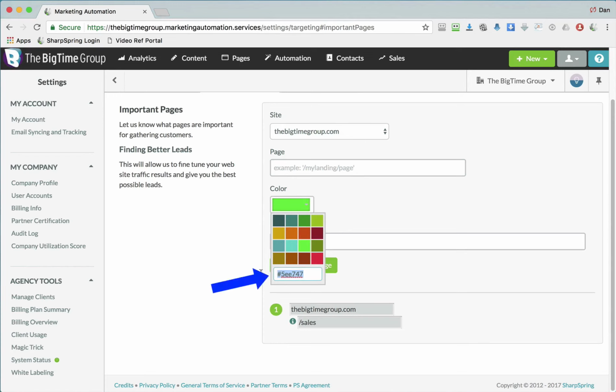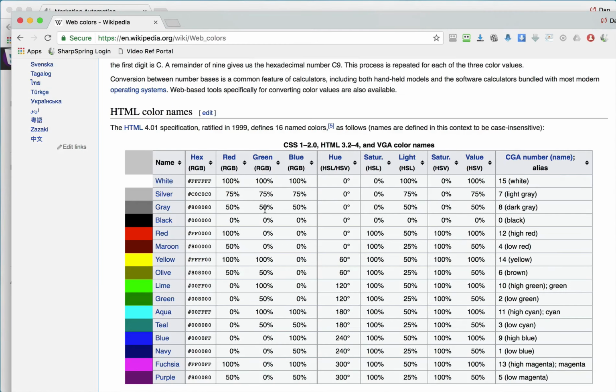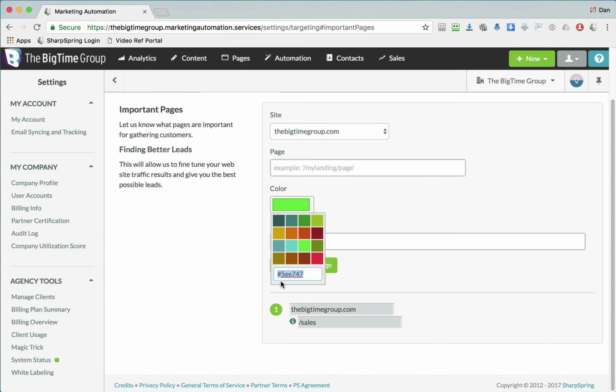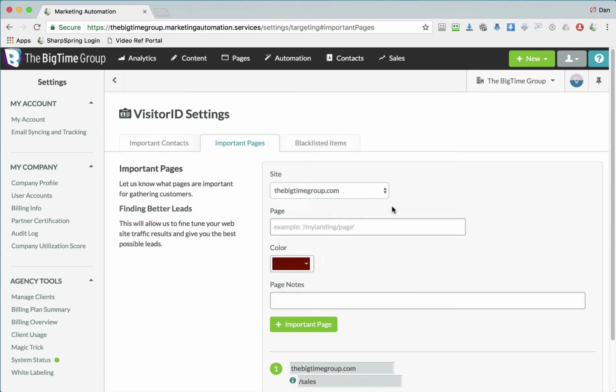That code right there is called hexadecimal, and you can do any Google search on web colors or hex colors, and you'll find this like on Wikipedia. So if I wanted maroon, I could just copy that and paste it right in, and I have a maroon color. So that's how to add important pages to your visitor ID settings.